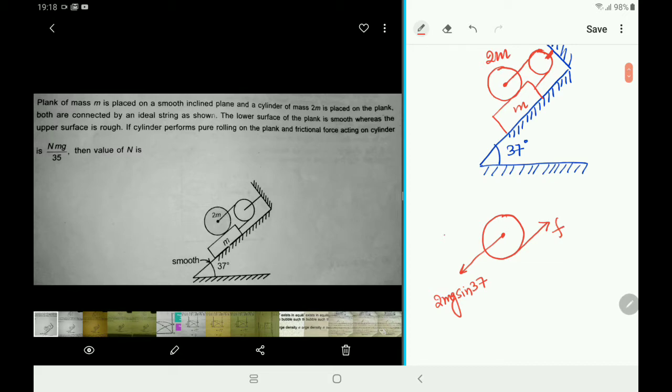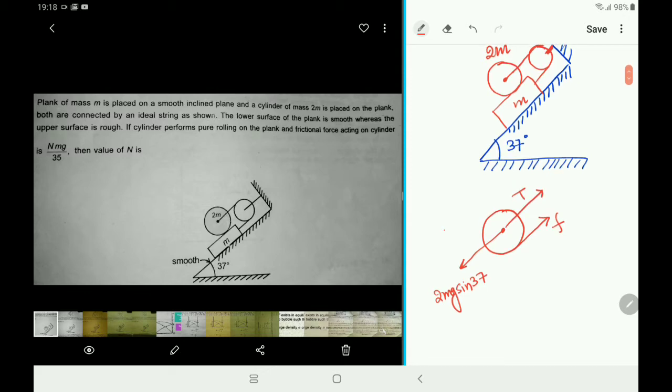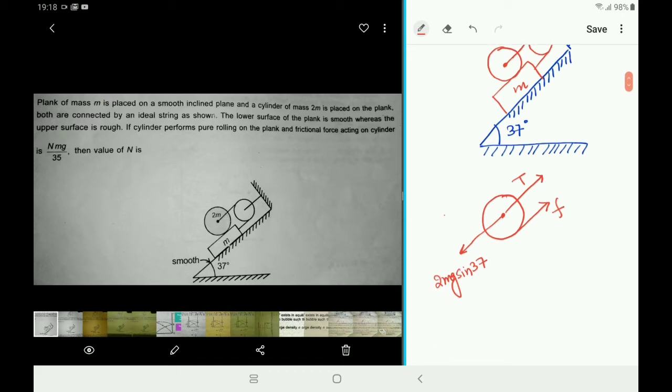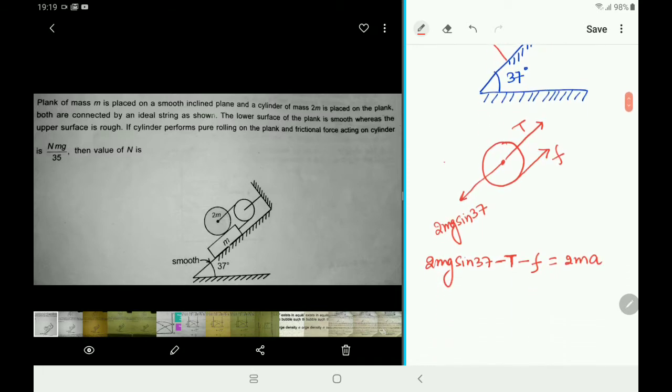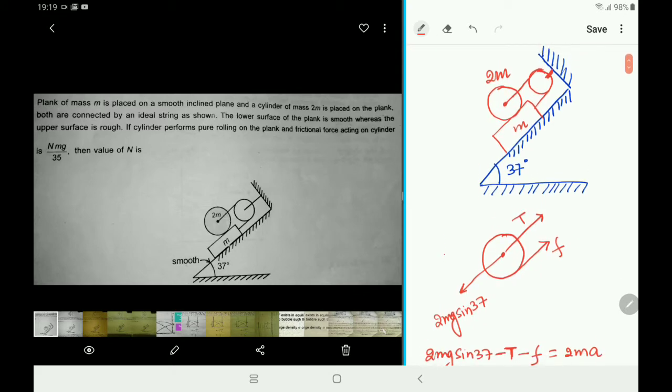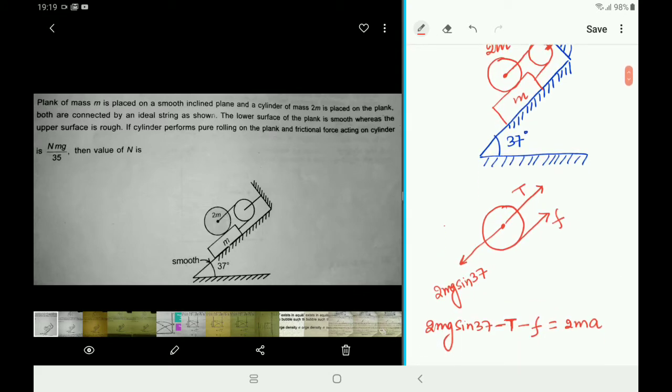So we are first of all drawing the free body diagram of the cylinder. Downward along the slope, what will be the gravitational force on the cylinder? 2 mg sin 37. And upward along the slope, there will be tension, which always pulls. Since the cylinder is a heavy mass as compared to the block, the cylinder will try to come downward.